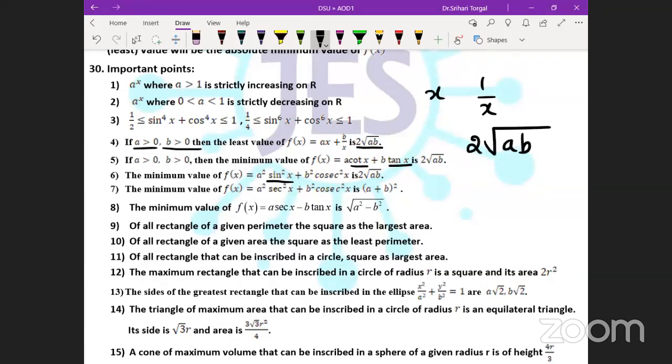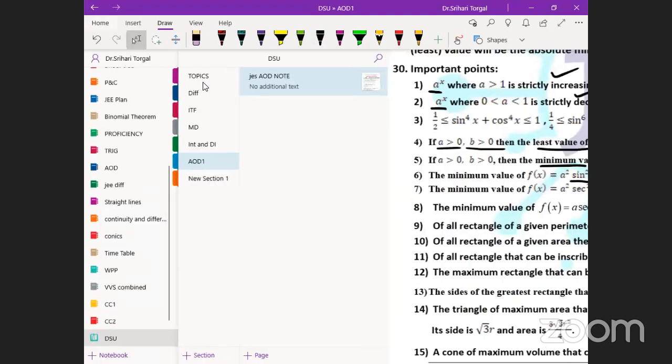You will get the minimum value always in those cases. And a power x is always strictly increasing, so you will not get any maximum and minimum value when you have exponential functions. Okay.